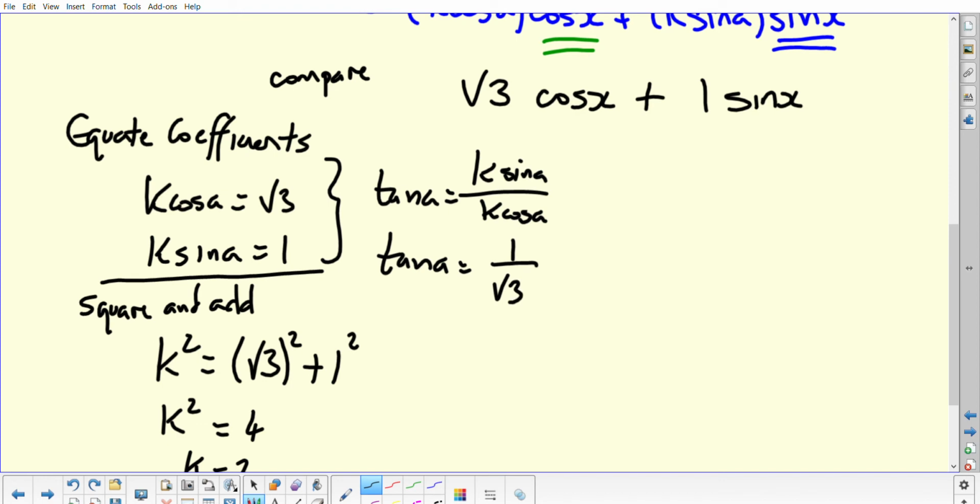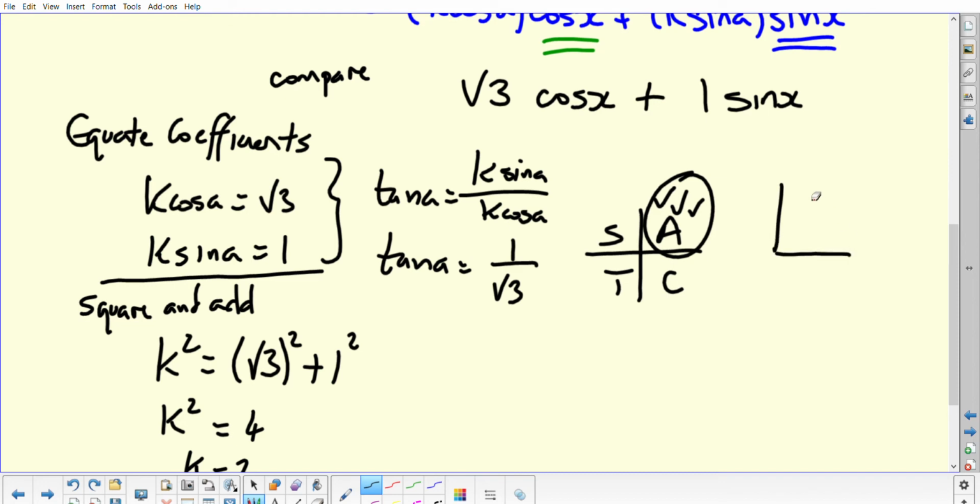That should remind you of one of your exact values. Also, everything is positive, so we're dealing with the first quadrant. If this was a non-calculator question, then you would be on your little 60-30 triangle, and you're looking for opposite over adjacent. So we're opposite to 30, that would be your opposite, and your adjacent would be here.